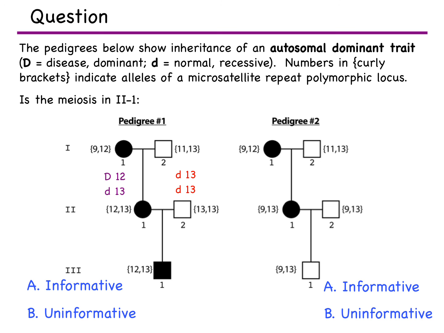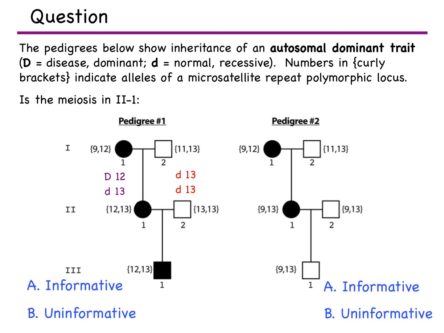Individual 1-2 does not have the 12 allele. The non-disease-causing recessive allele, d, must have come from 1-2, and the 13 allele of the VNTR locus must have come from individual 1-2. So what I'm showing you here is the phase of these alleles in individual 2-1.